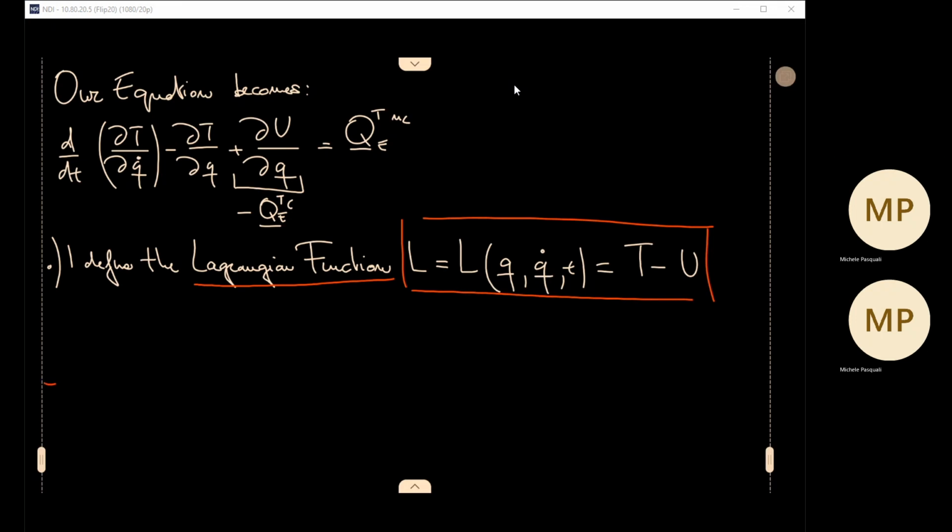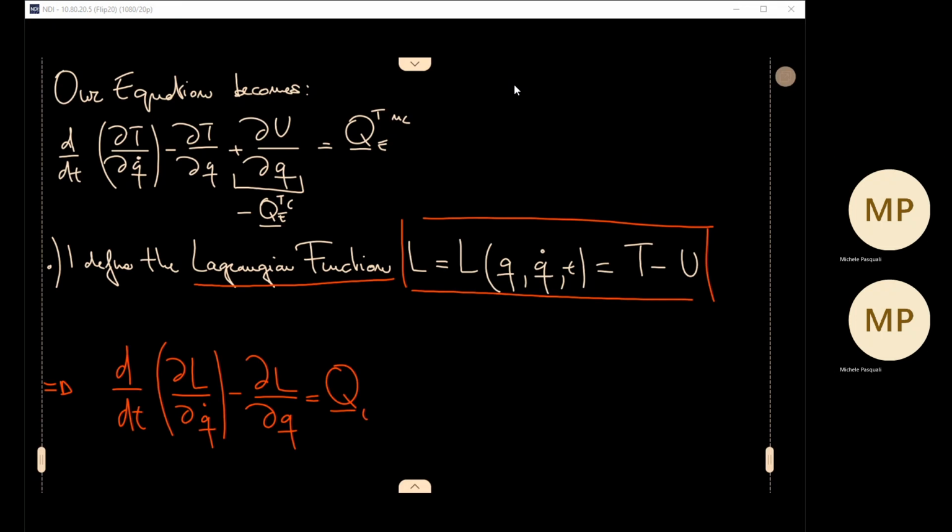And therefore we get d/dt of the partial of L over q dot minus the partial of L over q equals QE NC transposed.